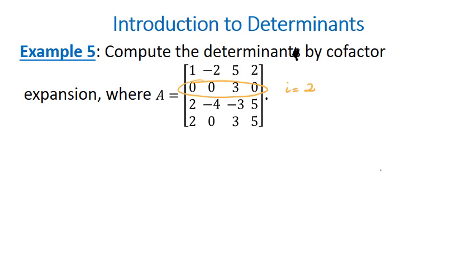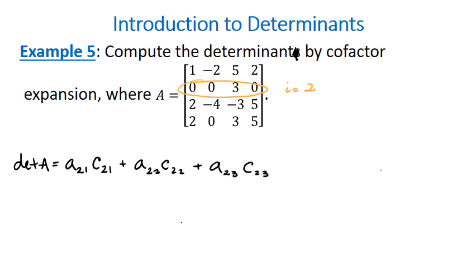So when I set up my work, the determinant of this 4x4 matrix A, I'm going to focus on the second row first column, plus the second row second column, plus the second row third column, plus the second row fourth column in this case, since it is a 4x4 matrix.